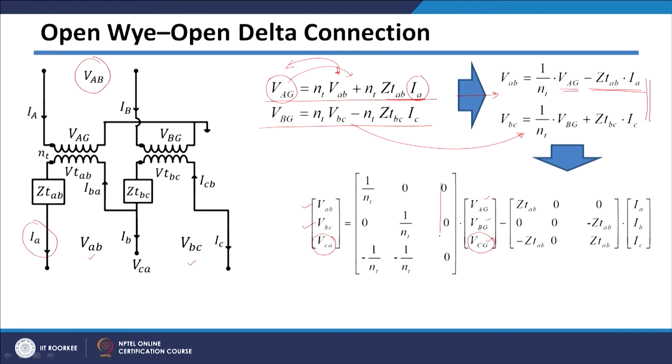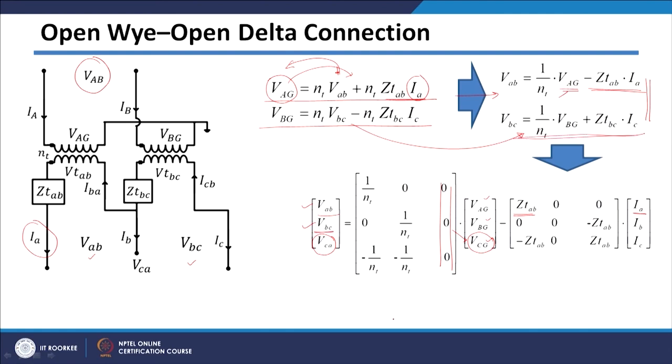That's why all the 3 entries which are getting multiplied to VCG are 0. Then VAB is equal to VAG divided by NT, which term here, and then ZTA minus ZTAB into IA, and from the second equation we are getting this term here.